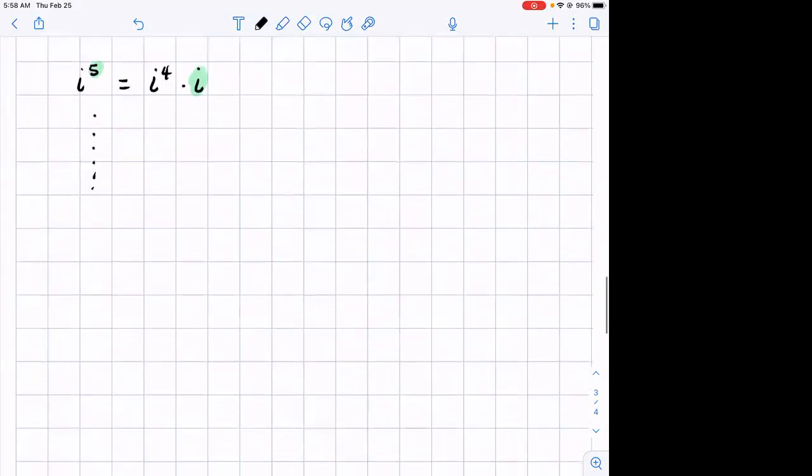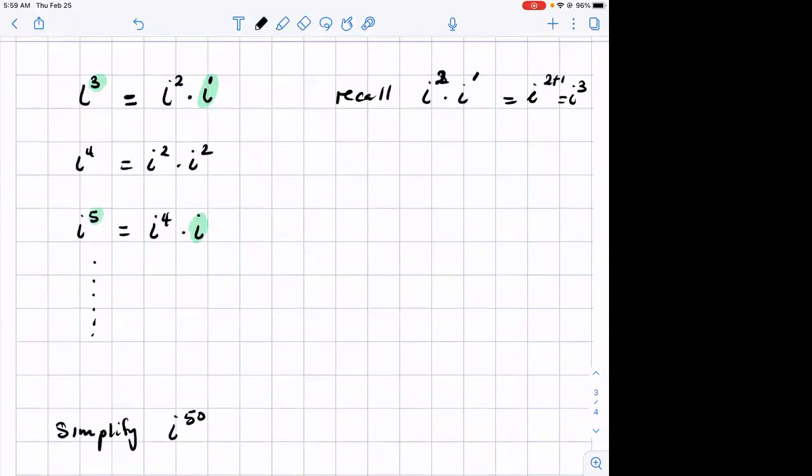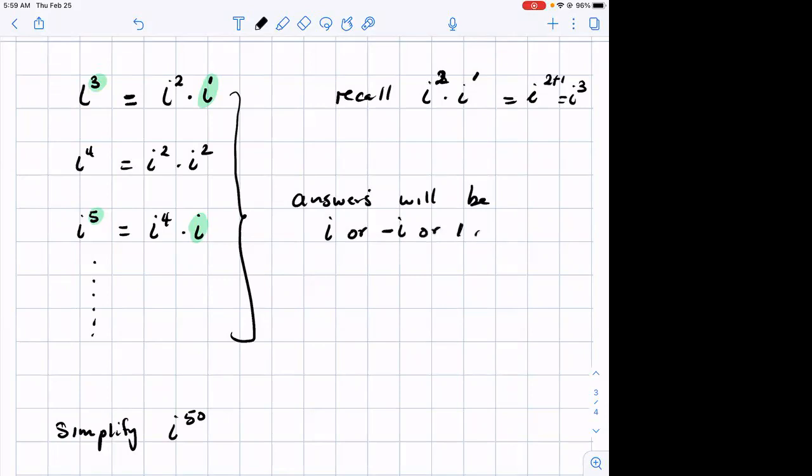So if I ask you, what is i? Can you simplify i to the 50th power? And just to go back for a second, any one of these results here, the answers will be i or minus i or 1 or minus 1. These are the only 4 choices for answers.